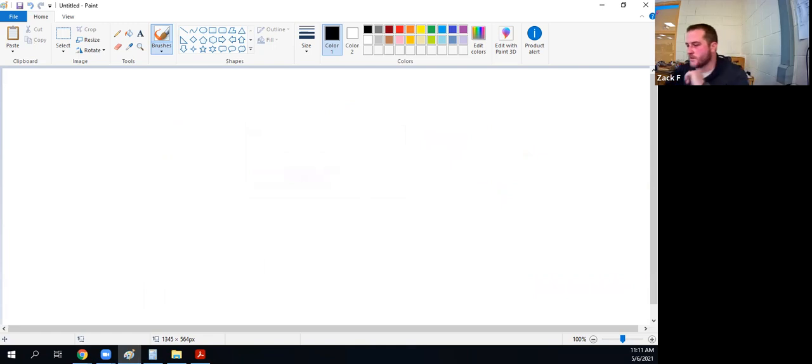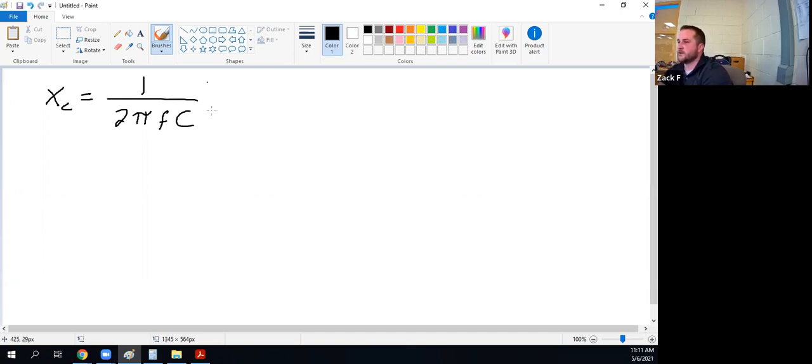All right, what is the formula for capacitive reactance? 1 divided by 2 pi f C. And if I asked you to solve for capacitance, if I gave you a reactance and a frequency, could you solve for capacitance?